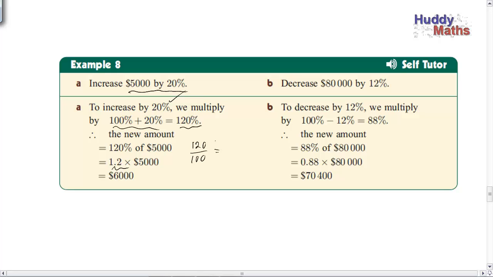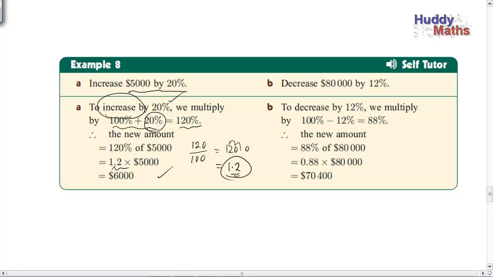Let's do that by shifting the decimal place, so the multiplier is 1.2. You've gone over 100%, so the multiplier is going to be over 1. You're going to increase the amount. Increasing, multiplier bigger than 1. You're adding on a certain percentage of the original. Okay, and go straight to the answer.